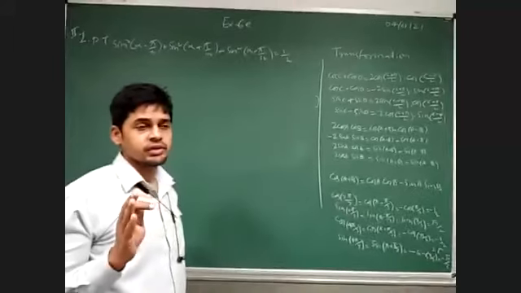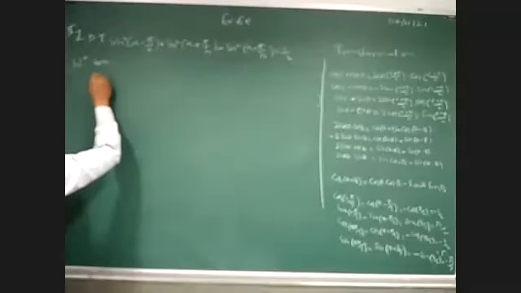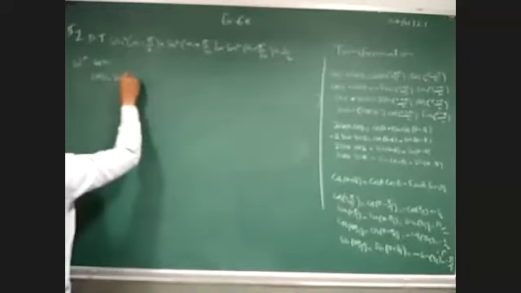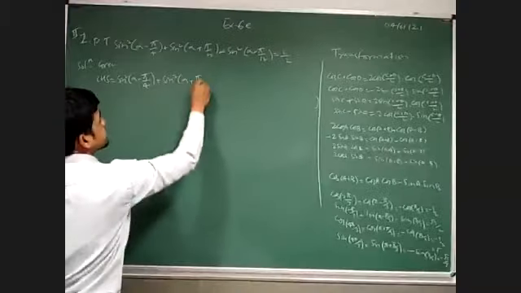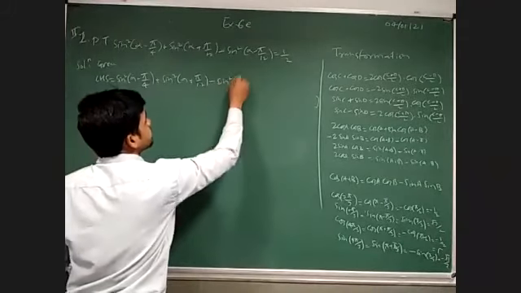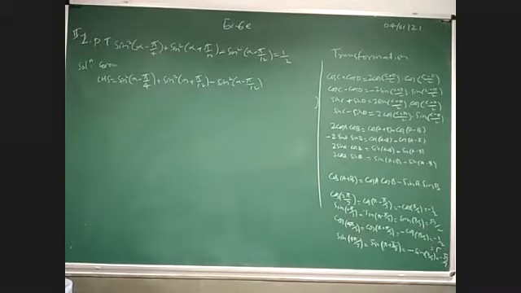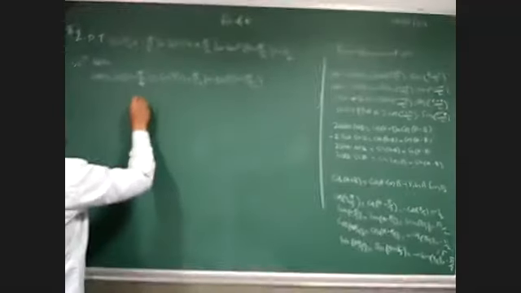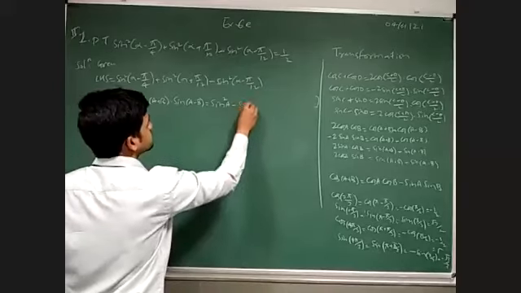Now boys, when we were solving exercise 6c, we learned one formula, the product of compound angles: sin²a − sin²b = sin(a + b) sin(a − b).